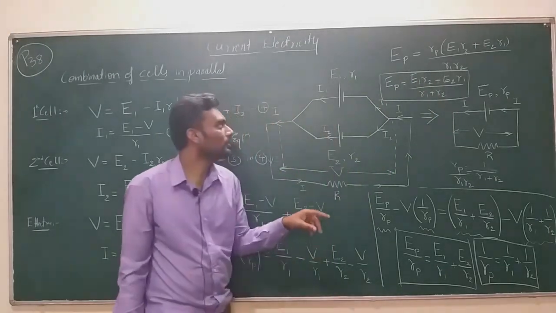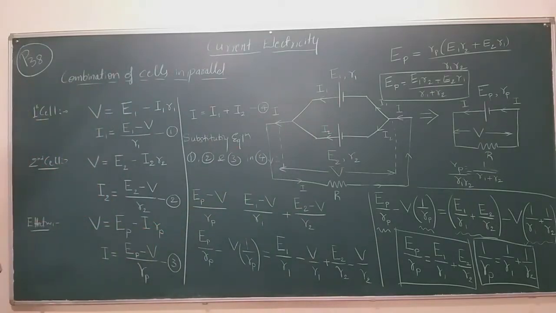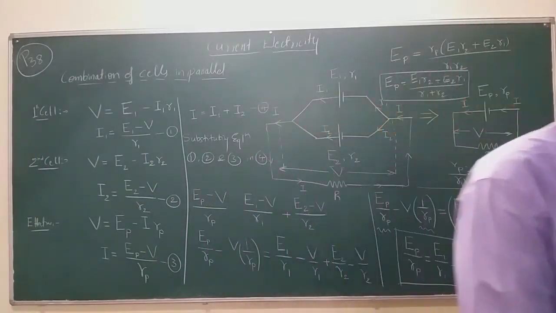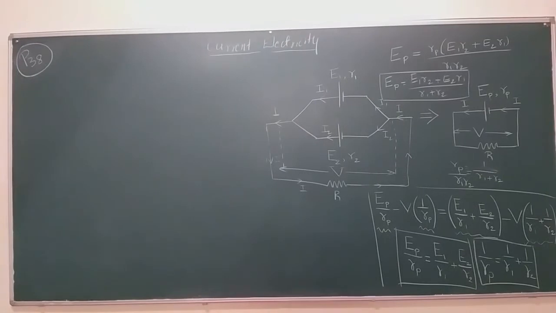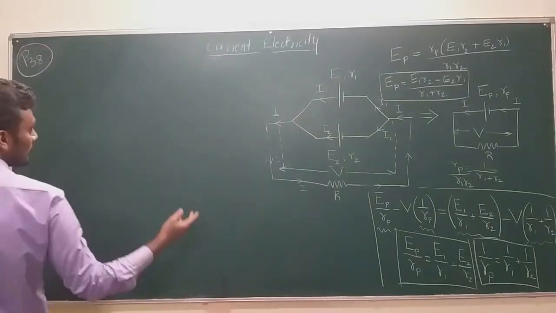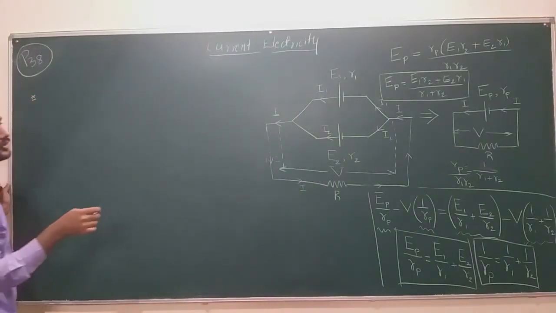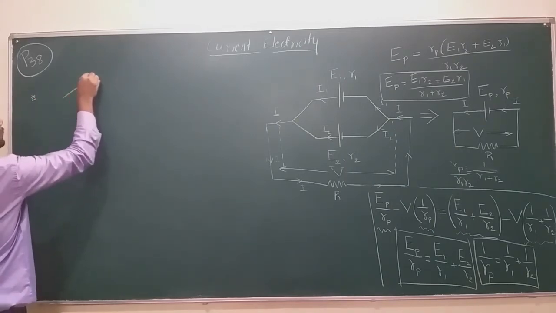So, this is about the derivation of combination of cells in parallel. Now, let us see a few special cases of the derivation. The first special case is when you connect one cell.